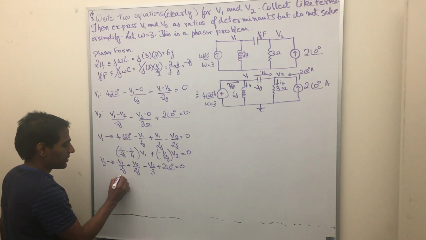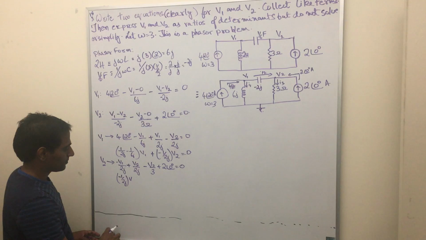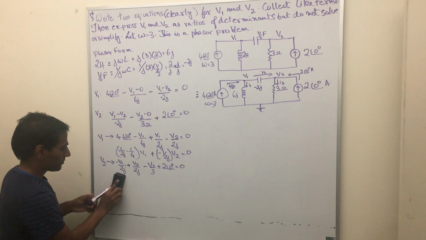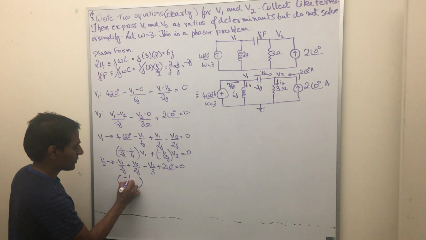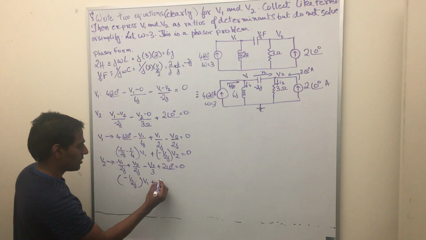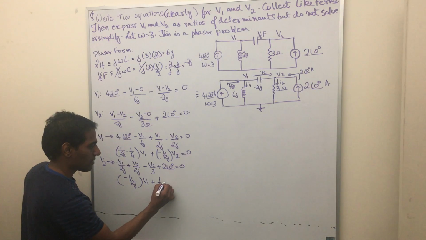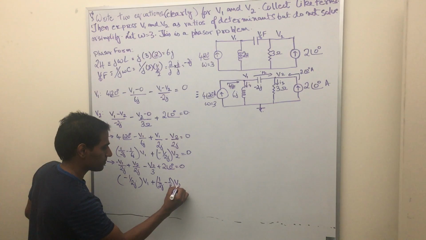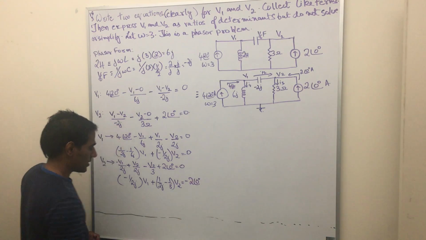So it's minus 1 by 2j times V1 plus 1 by 2j minus 1 by 3 times V2 should be equal to minus 2 at an angle 0.